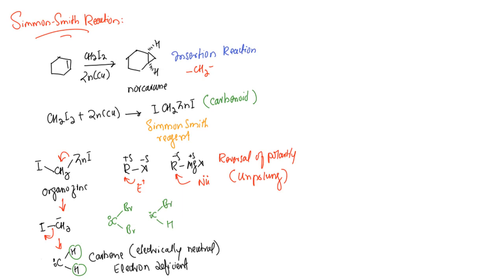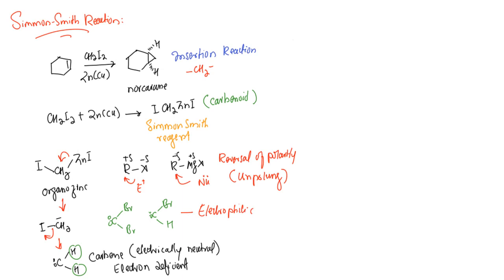This is a methylene carbene which we have generated right over here. All these species are electron deficient, and they act as electrophilic reagents, which add to the double bond in the Simmons-Smith reaction.